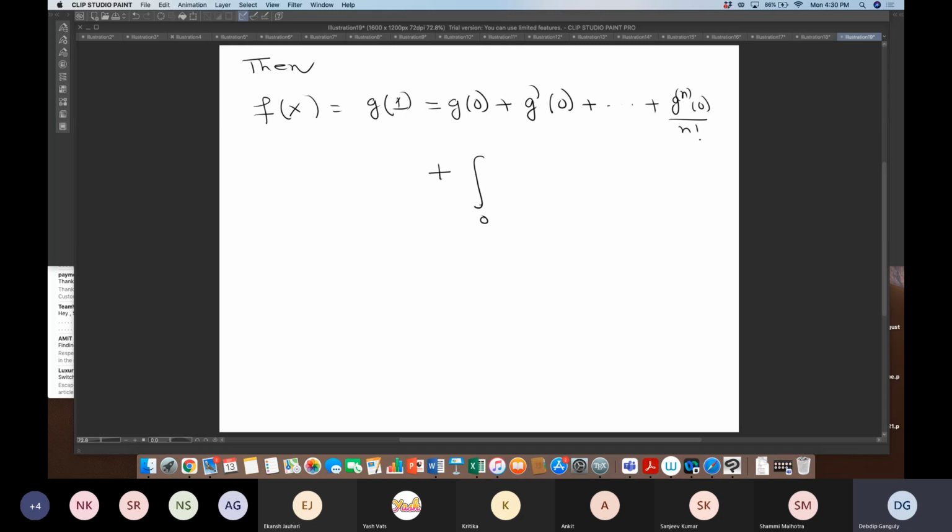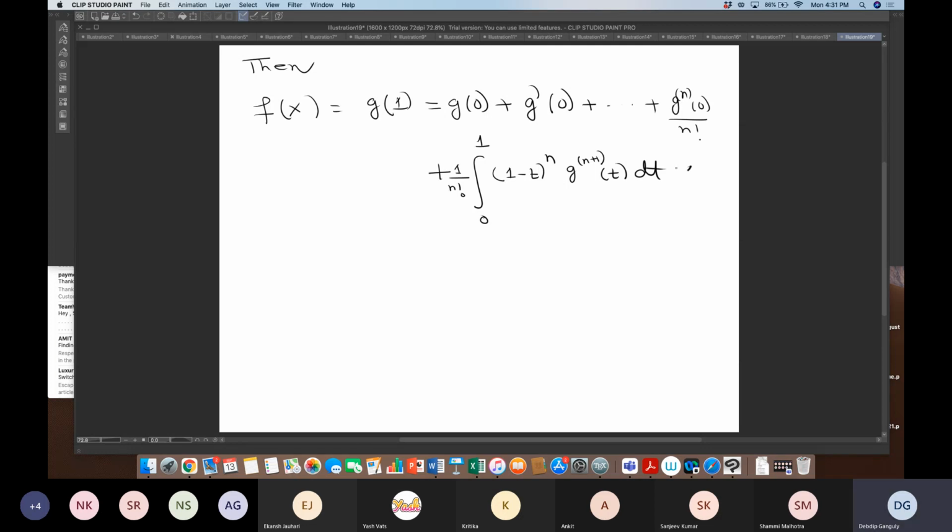I will use the integral remainder term in the Taylor series: the integral from 0 to 1 of (1 minus t) to the power n, times 1 by n factorial, times the g (n plus 1)th derivative at the point t, dt.